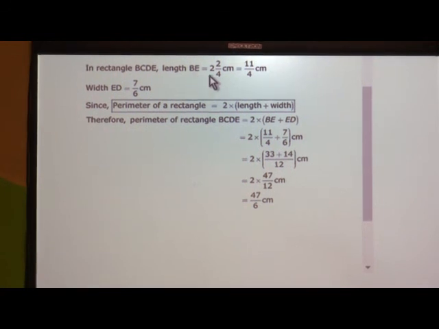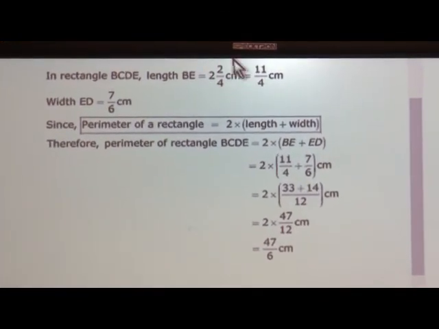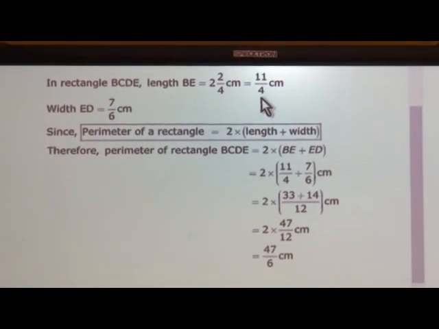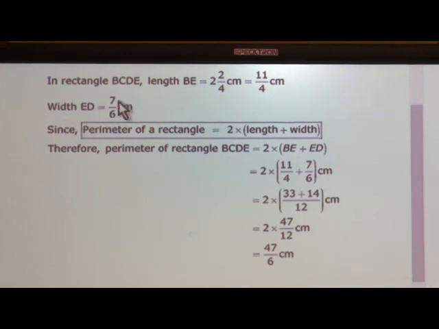So BE is 2 whole 3 upon 4 centimeter. We convert the mixed fraction into an improper fraction, that is 11 upon 4 centimeter. What is the width, that is the breadth of the rectangle? ED is given to us as 7 upon 6 centimeter.